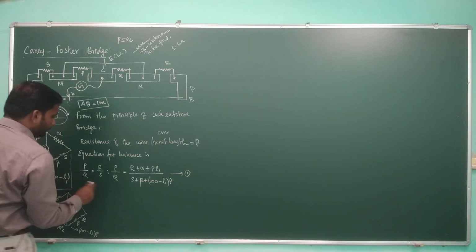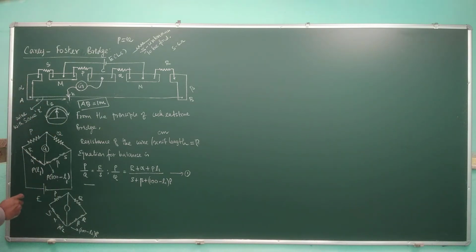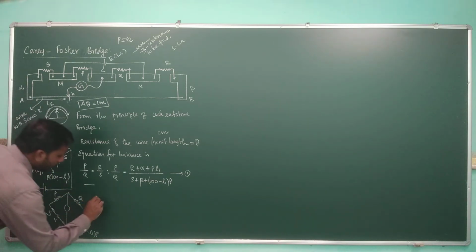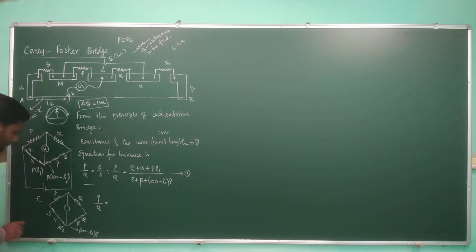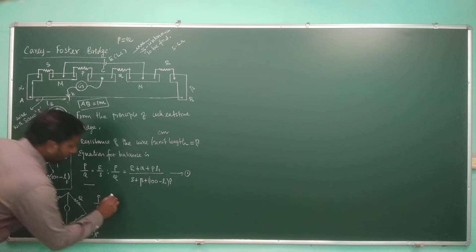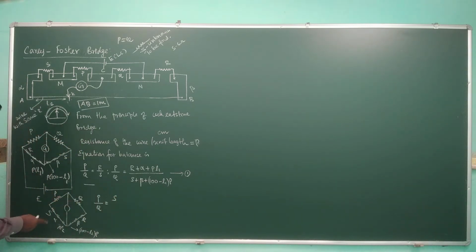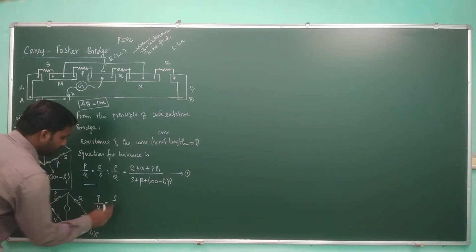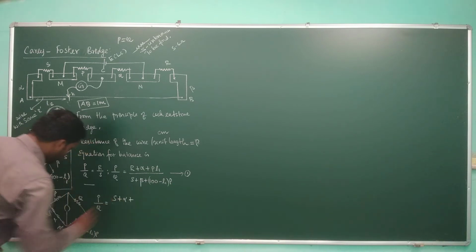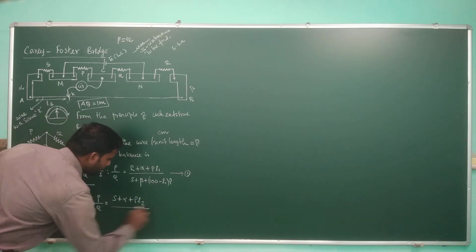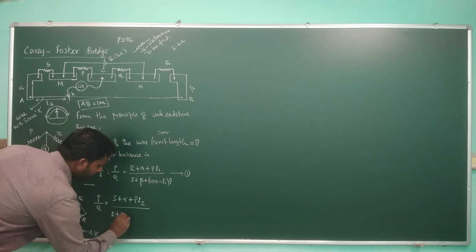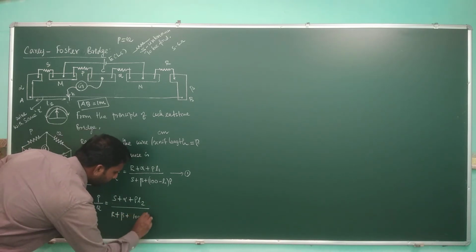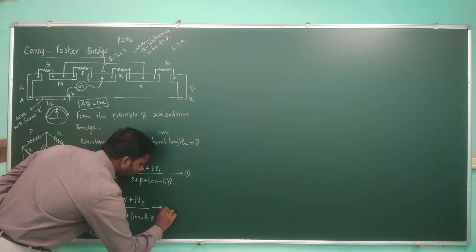So now in the second case, if you apply the equation for balance according to the Wheatstone bridge, the formula is this resistance divided by this resistance and this divided by this, so you have to write it that way. It will be S plus alpha plus rho L2 divided by R plus beta plus 100 minus L2 into rho. This becomes equation number 2.